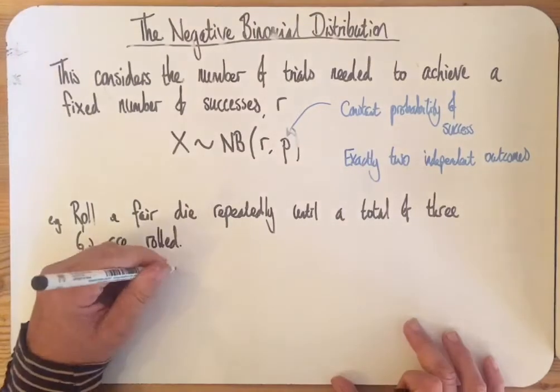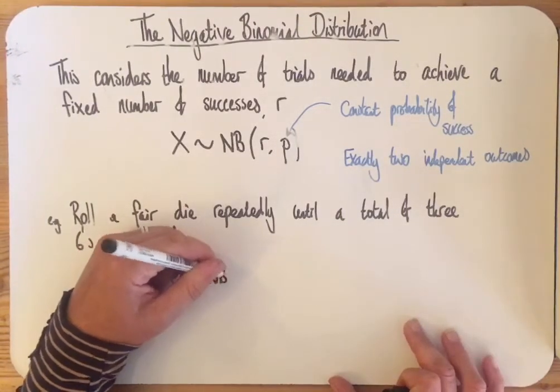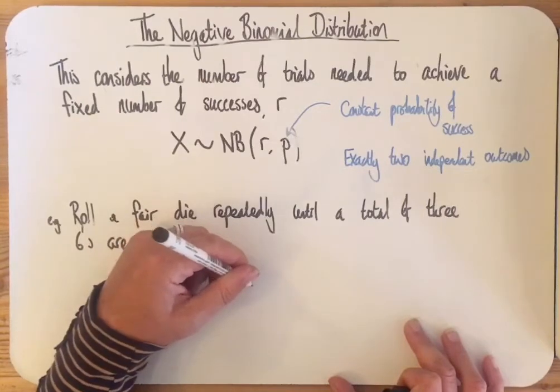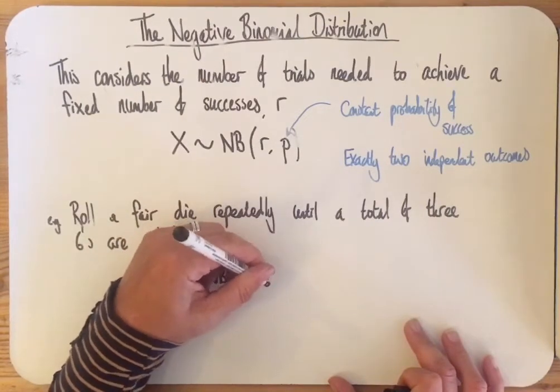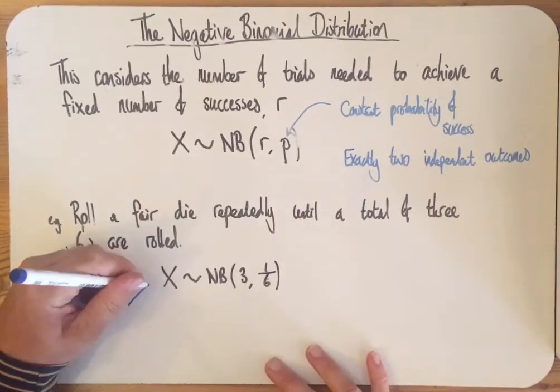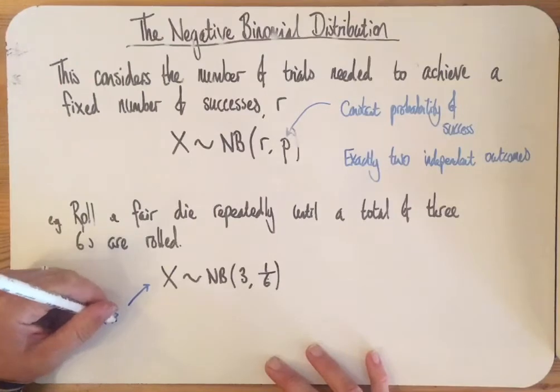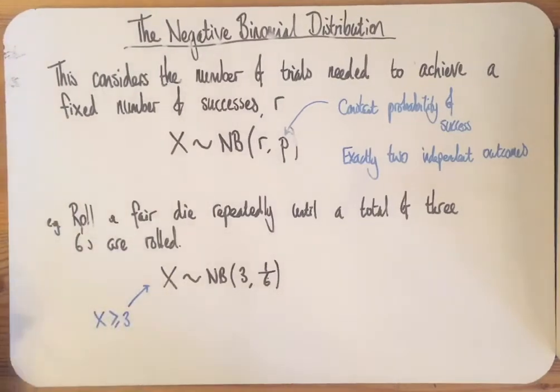So X is negative binomial, r is 3, and the probability of rolling a 6 is 1/6. If you want to roll a total of 3 sixes, then that's going to require a minimum of 3 trials. So for this particular negative binomial distribution, X has got to be greater than or equal to 3.